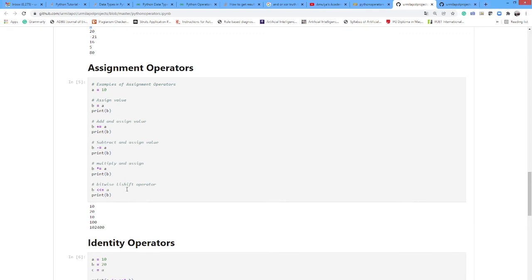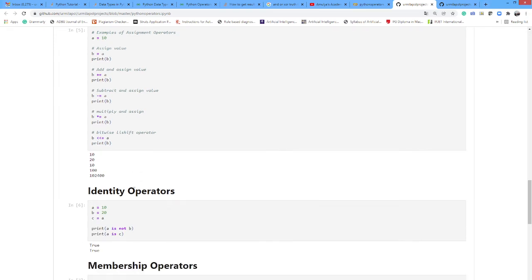And the relational operator, B less than or equal to A.